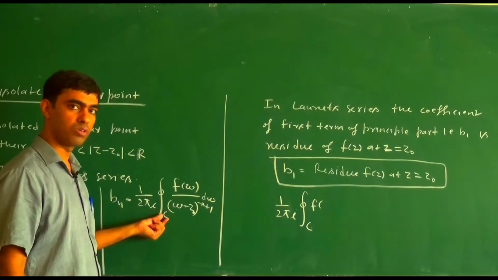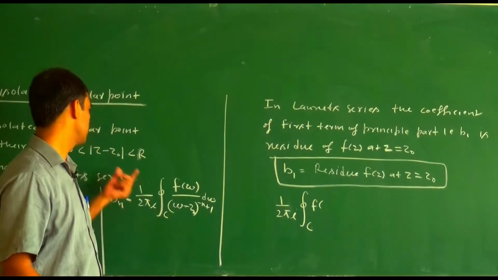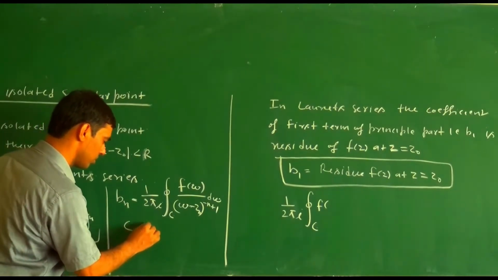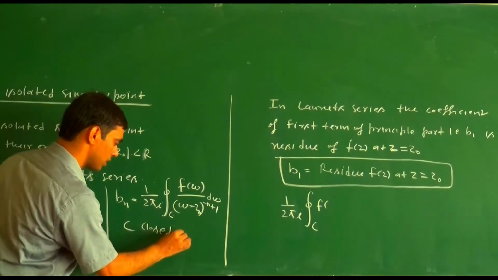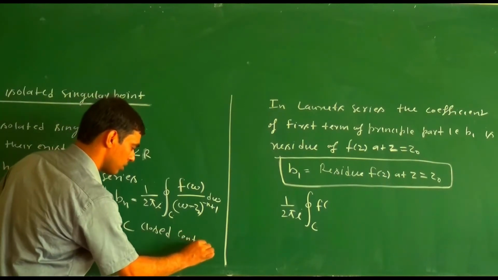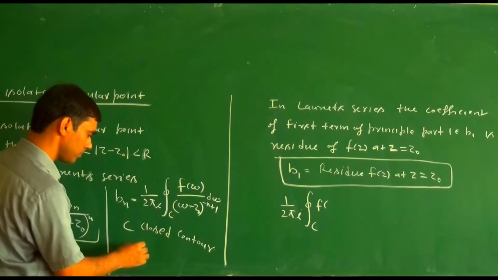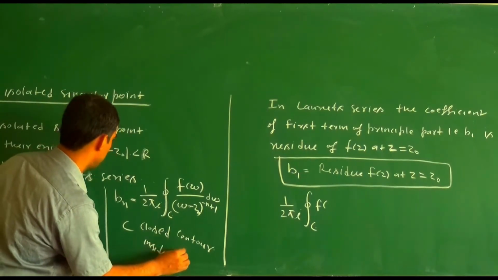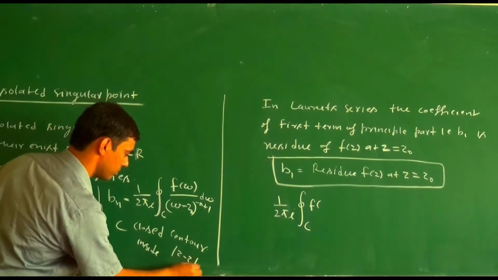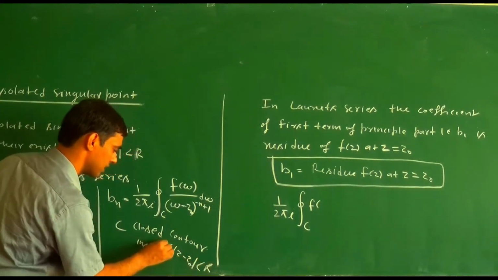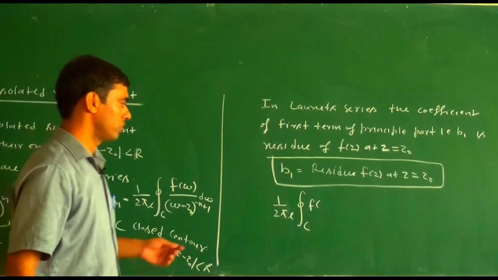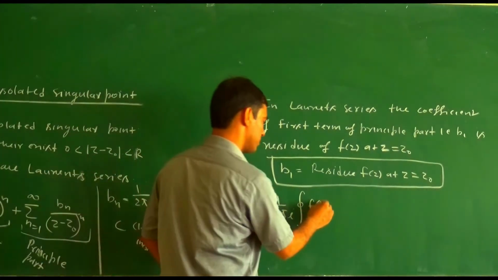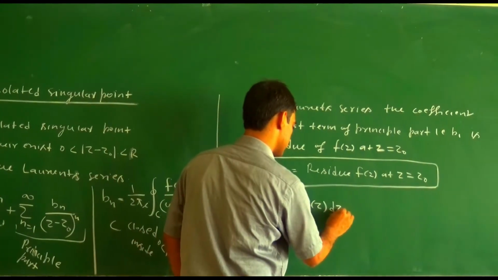C is a closed contour inside the region where |z minus z0| is less than r and greater than 0. So if n equals 1, then the denominator becomes 1, and this becomes f(z) dz.